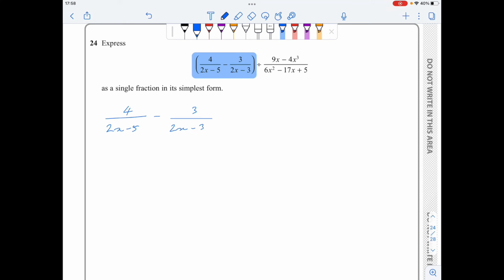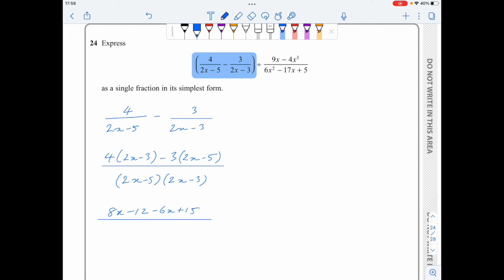Let's make this into a single fraction. 4 times (2x minus 3) minus 3 times (2x minus 5), and the denominator is (2x minus 5)(2x minus 3). Let's expand the top. 8x minus 12 minus 6x plus 15 all over the two brackets. I'm not going to expand.